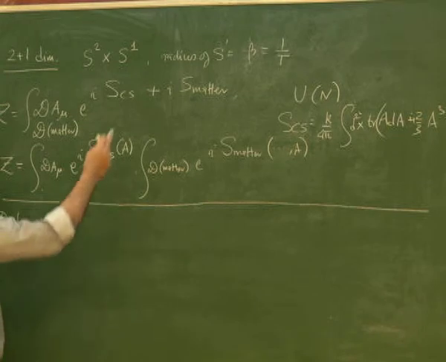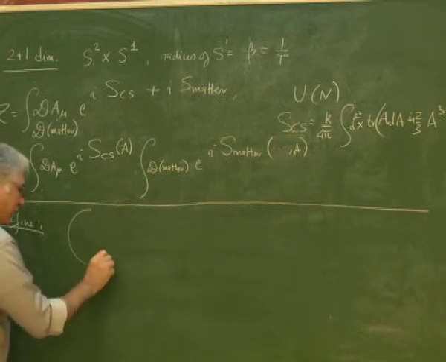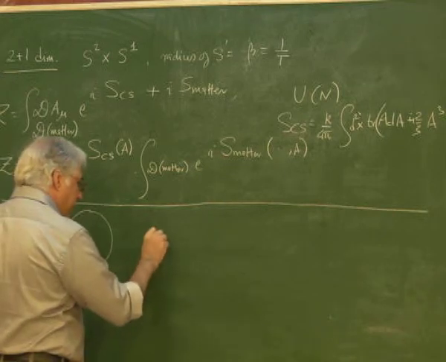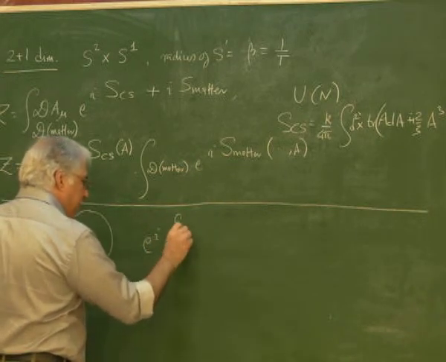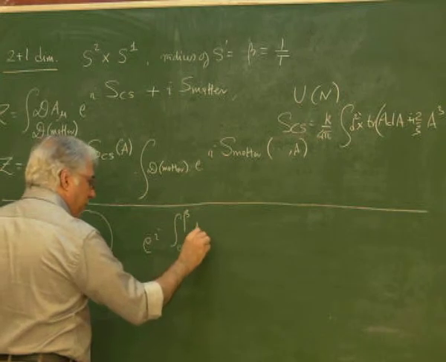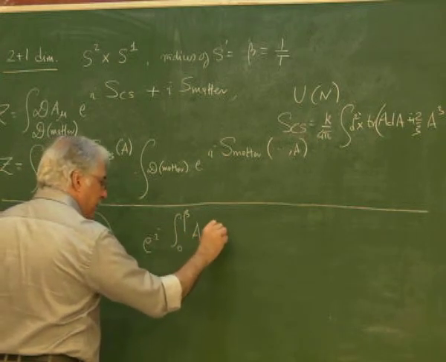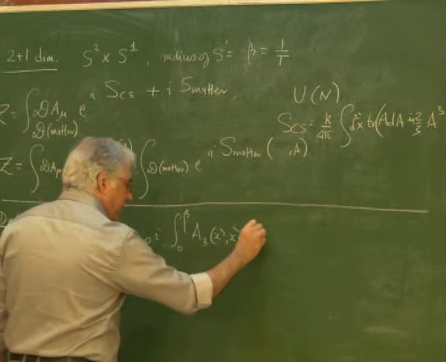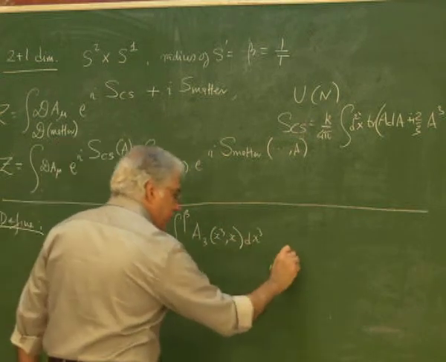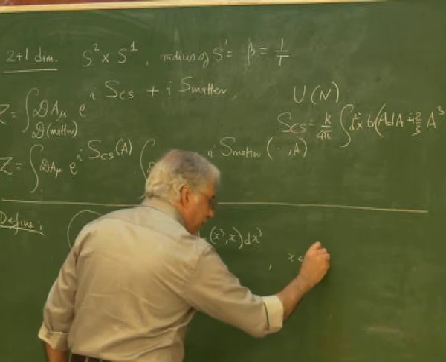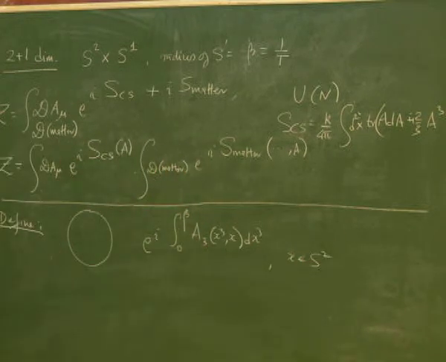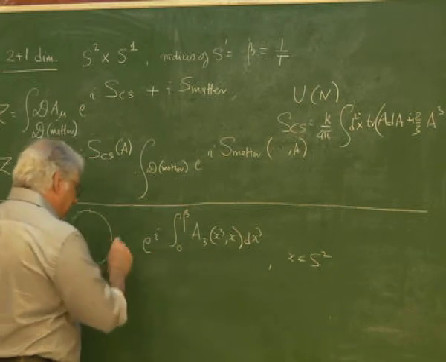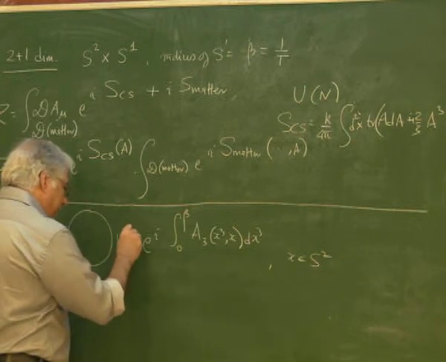Let me also define for you, since we are at finite temperature and we have a circle in our problem, it is possible to consider a gauge invariant operator, which is the holonomy of the third component integrated around the circle dx3, and over here small x will always mean element of S2. At each point on the sphere you can define this holonomy matrix.